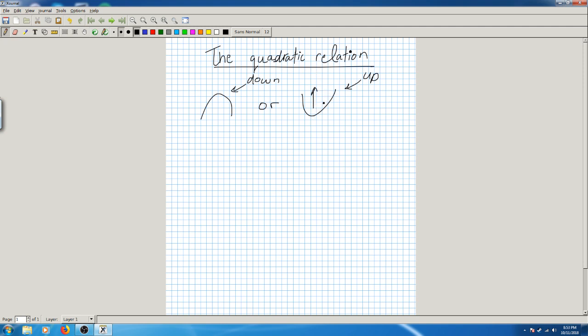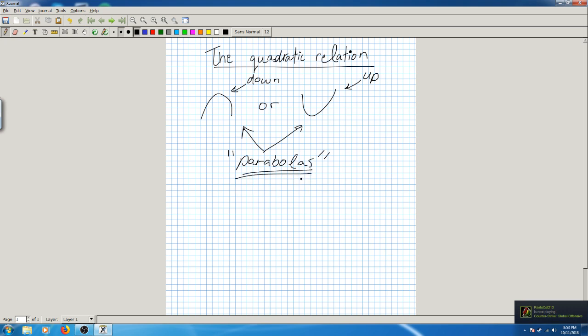So there's an opening here, and it's facing up, and over here the opening is facing down. These two guys are both parabolas. This is the name for the shape that you end up plotting.